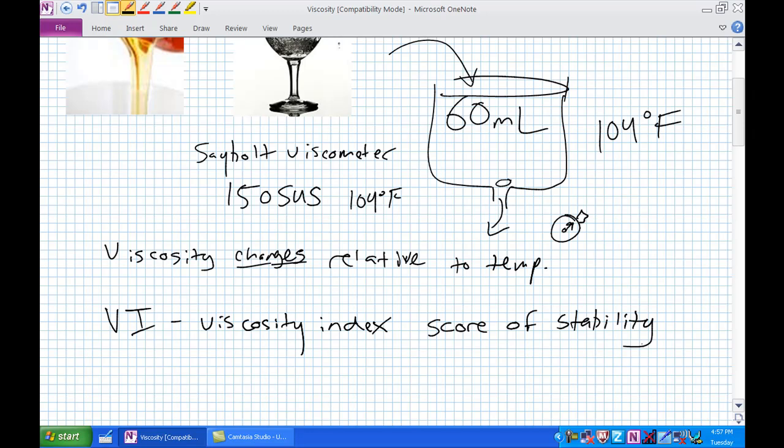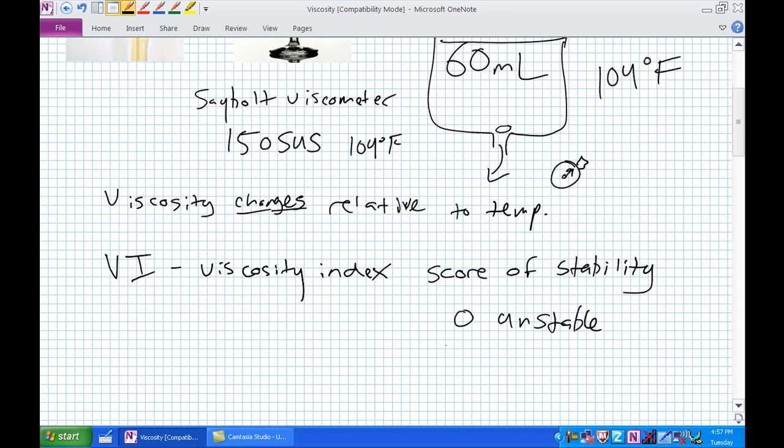Okay, basically this is the fluid's score. So if a fluid got a 0 for its score in viscosity index, it means it's an unstable fluid. Its viscosity varies widely across a range of temperatures. And a 100 means that fluid's viscosity stays the same across a range of temperatures.